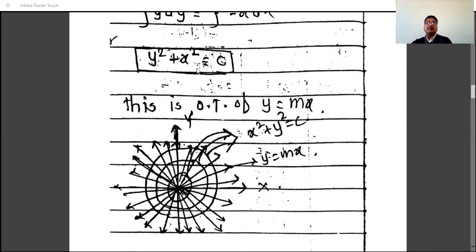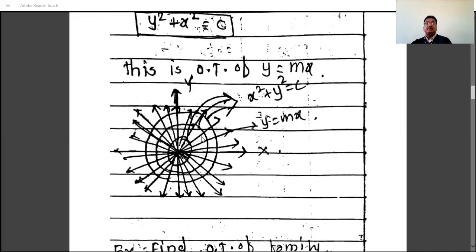That is, each member of this family of orthogonal trajectories is orthogonal to each member of the given family, and therefore x square plus y square is equal to c is the orthogonal trajectories of the given family y is equal to mx.